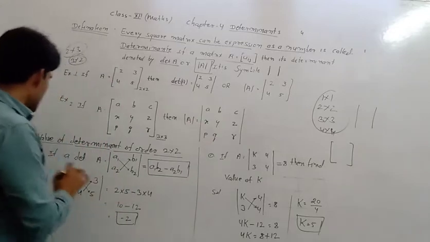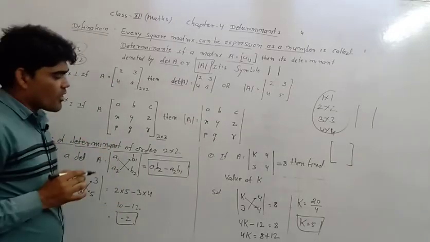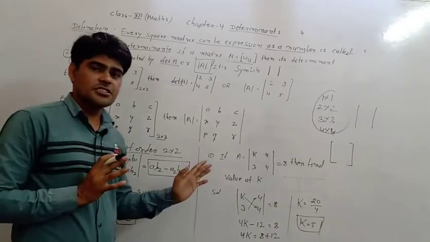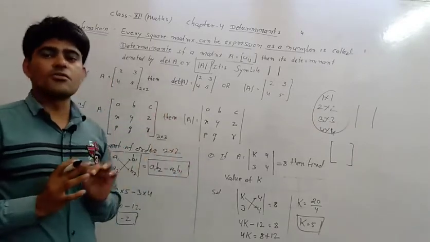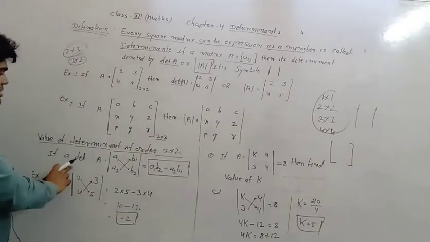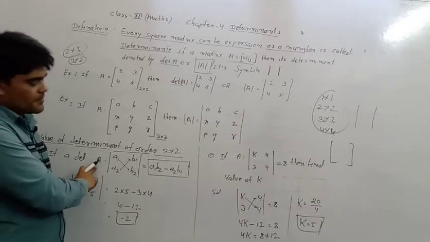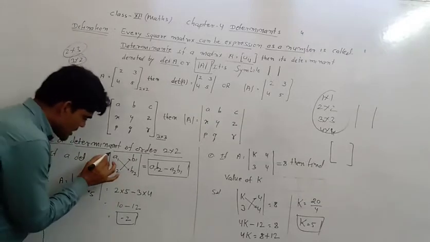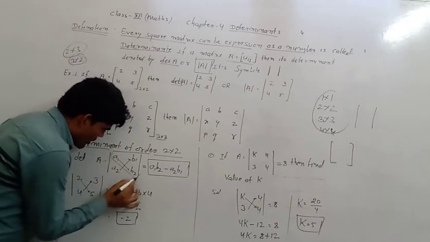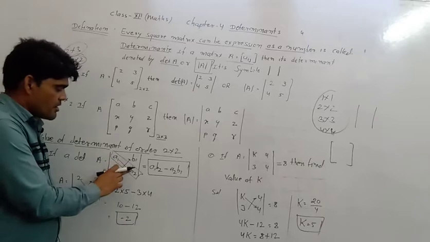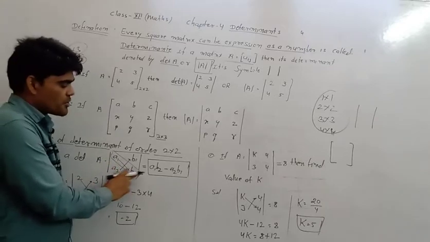Okay. Next, the value of a determinant of order 2 into 2. We are given a determinant A of order 2 into 2. This is the leading diagonal. First we multiply A1 into B2.